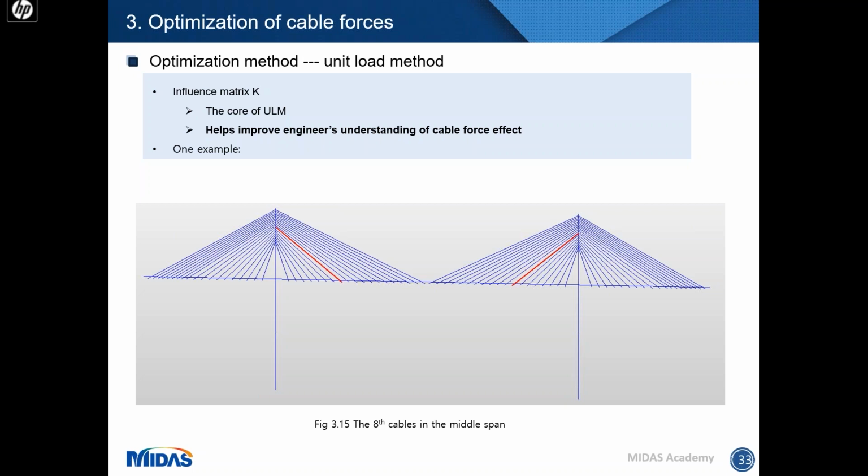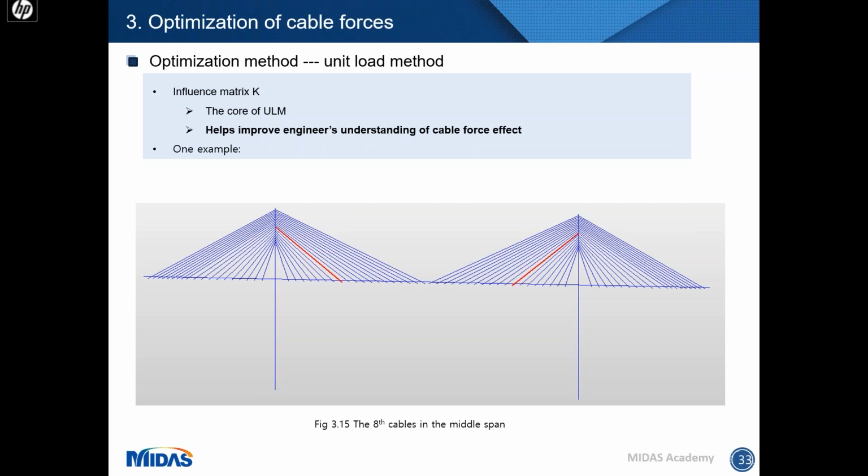When we work out the influence matrix K, we need to go through all these cables, and then look at the girder bending moment, the deformation, the reaction, the pylon, all these influences.